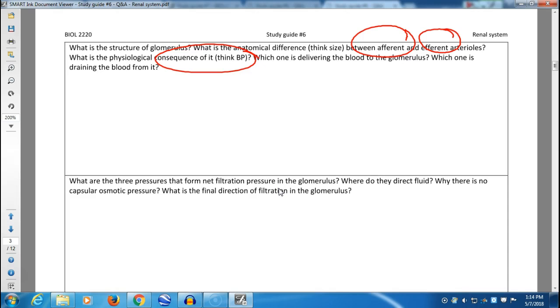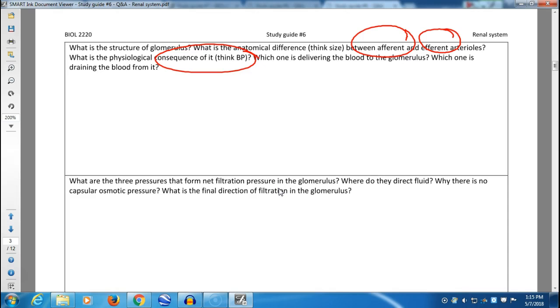Three pressures that form net filtration pressure. We have two hydrostatic pressures. One is capillary, and that is basically blood pressure. Another is capsular, and that is a pressure of a filtrate. Are we clear?